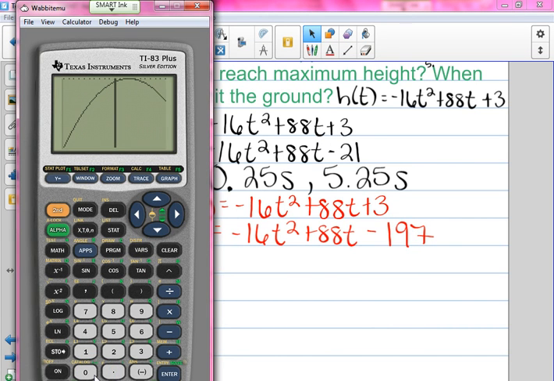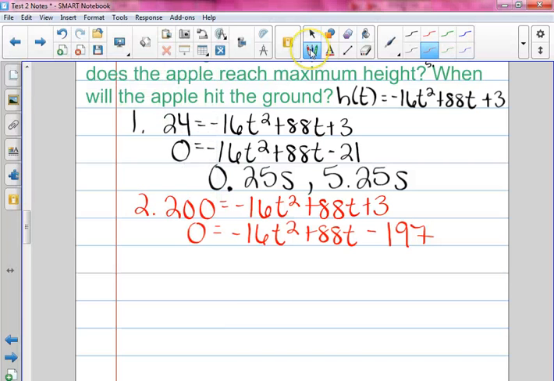And if you notice, it doesn't really cross over the x-axis. And because it doesn't cross over the x-axis, that means it doesn't reach a height of 200 feet. Because it doesn't cross over the x-axis. All right, so now I'm moving on to question 3.